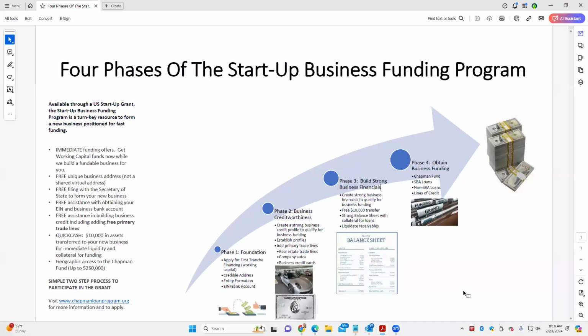So we're partially building financial literacy because we're letting them know, what does it take to have a fundable business? Well, you have to have a good foundation of a business. We need business creditworthiness. We need strong business financials. Then we go to funding. That's what it takes. And then also at the same time, we're showing them how we help them accomplish that practically.